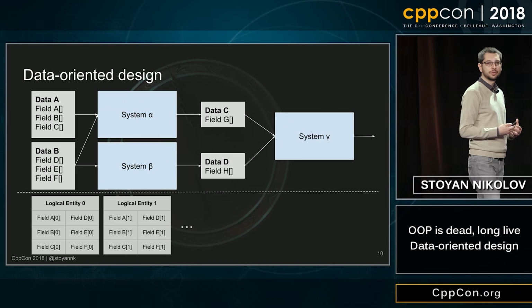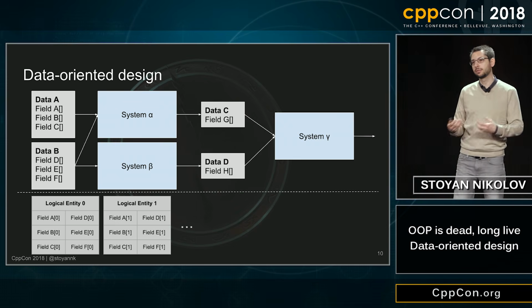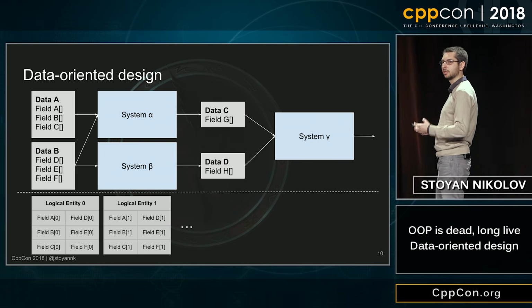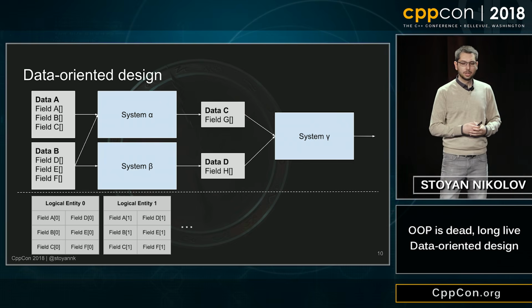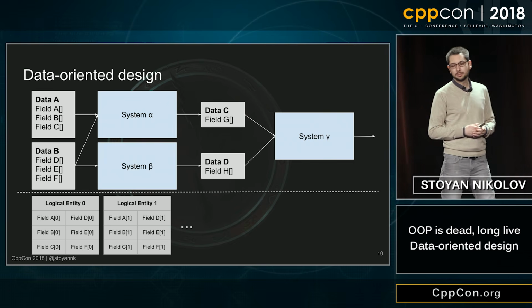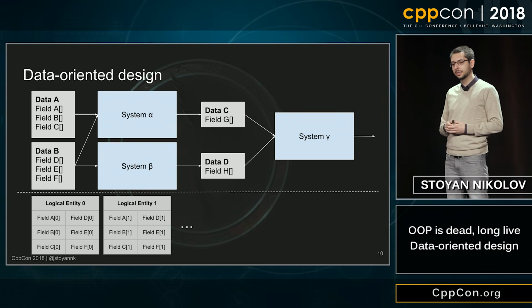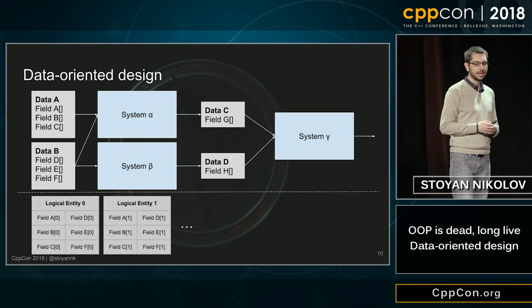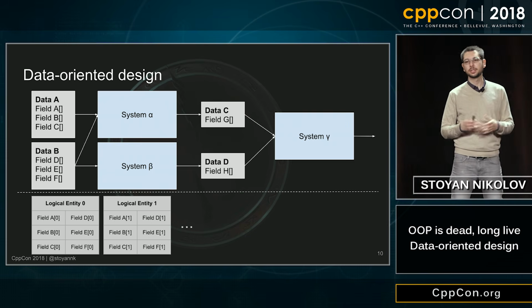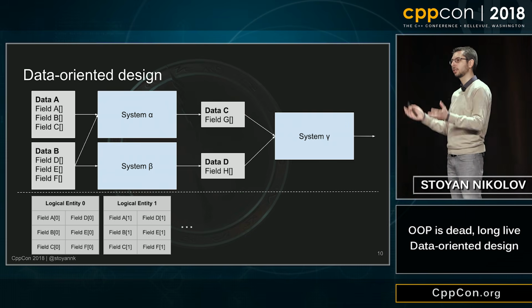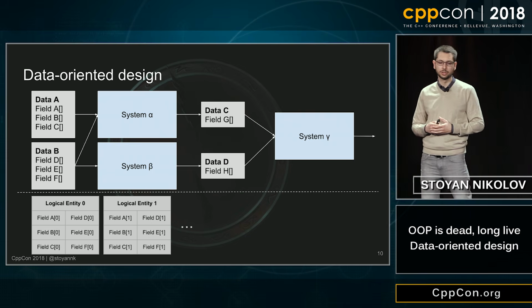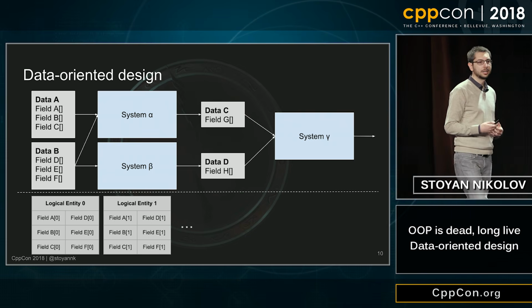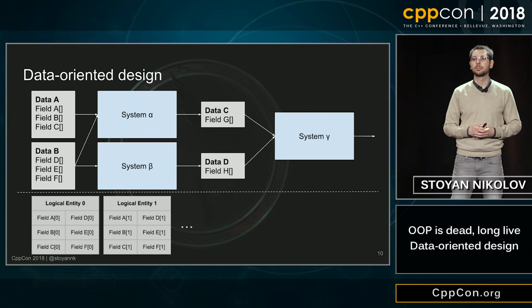Data-oriented design takes a different approach. It puts the data first. You can imagine, it's in the title. So if we look at the lower side of our slide, in object-oriented programming, you usually have this logical entity with all its fields, all the stuff that logically belongs to that object. In data-oriented design, we take a bit of a different approach.